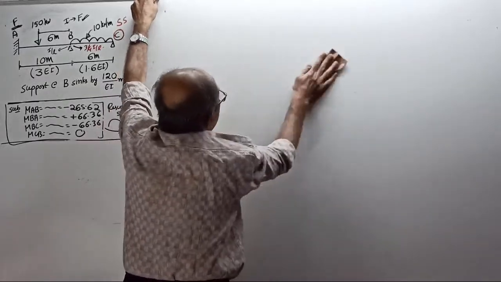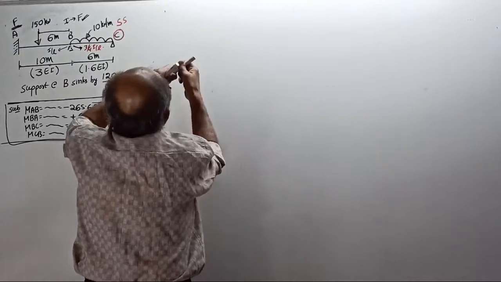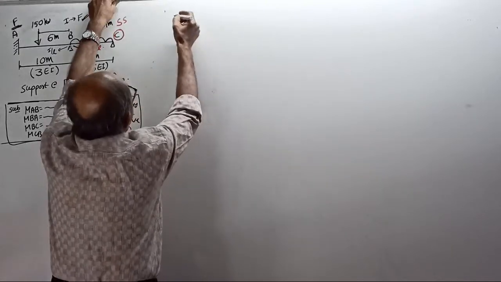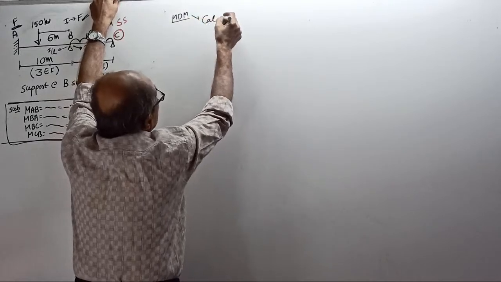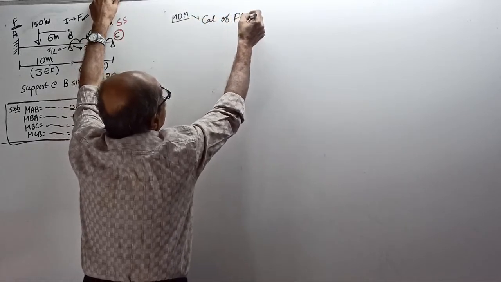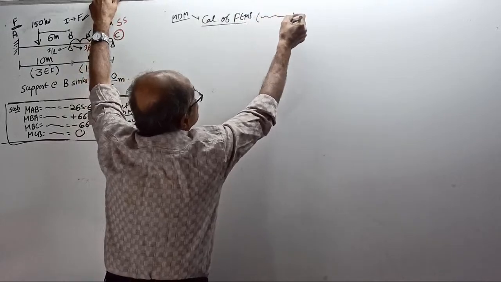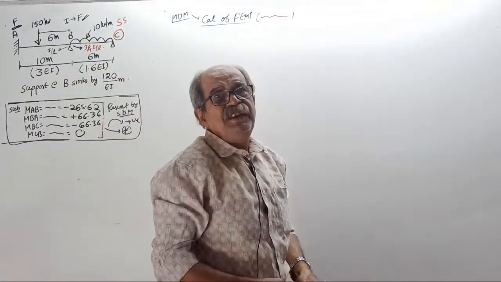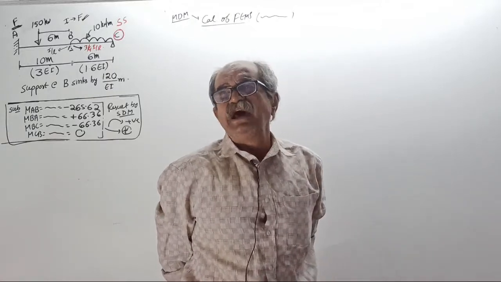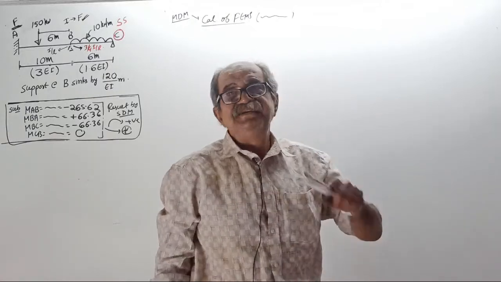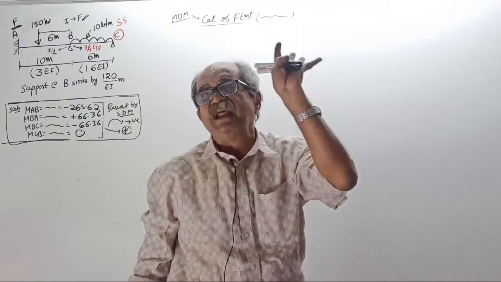Now, important calculation: I am continuing the moment distribution method, calculation of FPMs. One note you have to write. In slope deflection method, when you find FPM, you consider only loading, and the delta term comes in the equation.